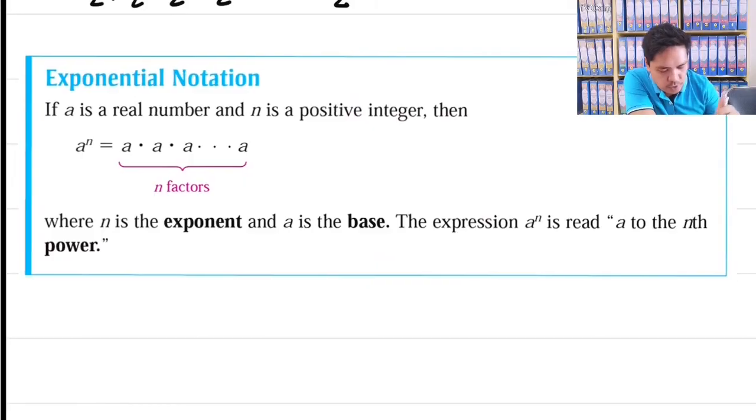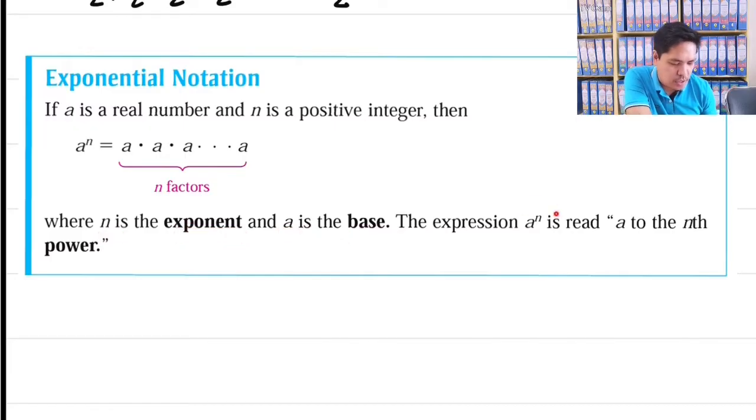If A is a real number and n is a positive integer, then A raised to n is equal to this: A times A times A, up to however many factors. So the value of n is the number of times you multiply the base A. Okay? So n is the exponent and A is the base.